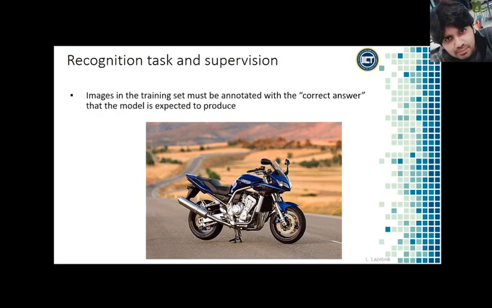Let's see one example. Images in the training set must be annotated with the correct answer that the model is expected to produce. Now this image contains a motorbike, but you can label it like this. But remember, it also has pixel values which belong to the background and to another object category, like the road.